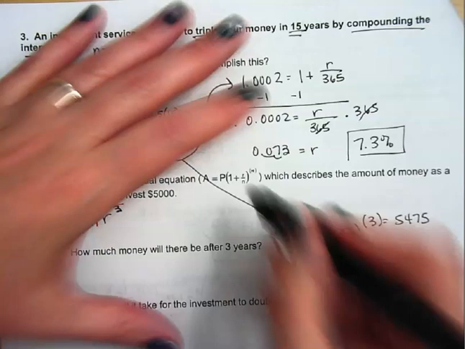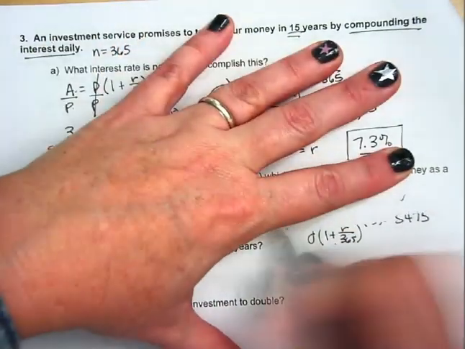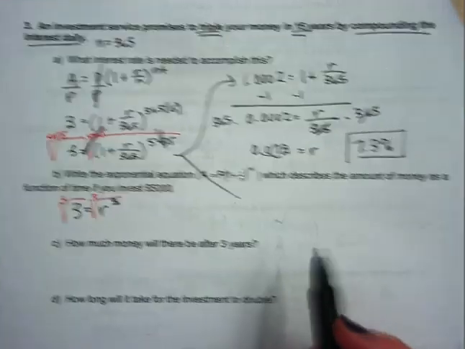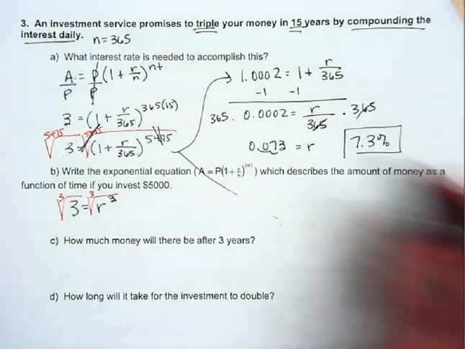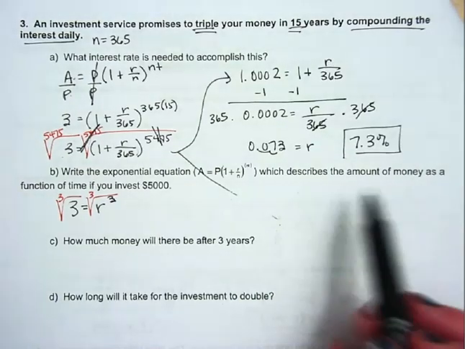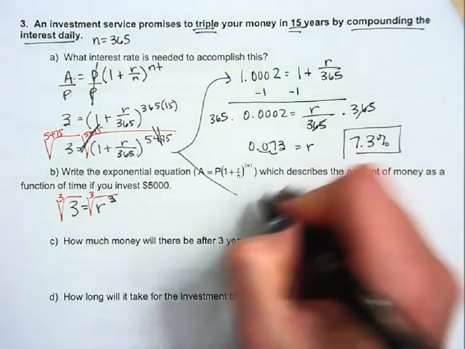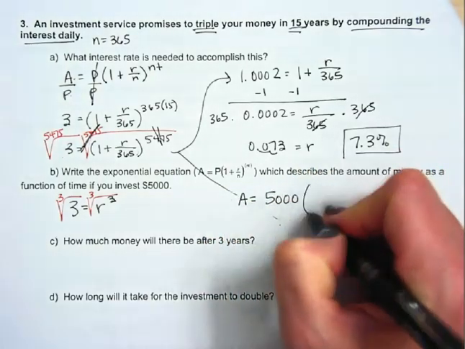So now, make some more room here. We can finish out the problem. So part B asks us to write the equation for the situation. If we invest $5,000, so now we have a principal amount of 5,000.